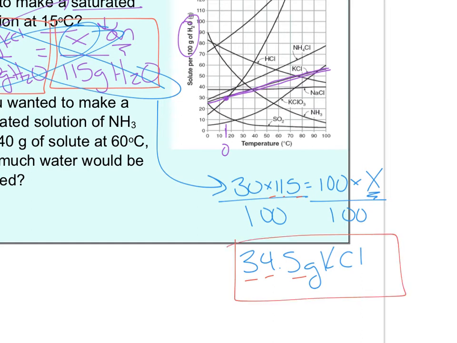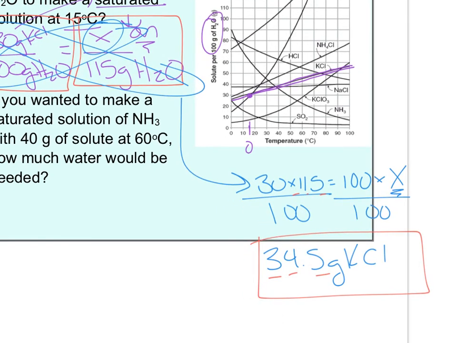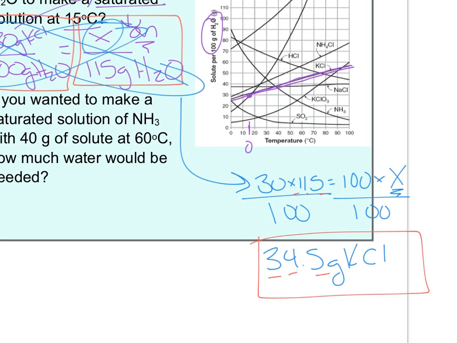Final answer. Now a way you can check this: we would need to dissolve more KCl in 115 grams of water than we did in 100 grams of water, which makes sense. If we have more water, we're going to need to add more solute in order to make that saturated. So you can always reason your way through double checking your work as well.